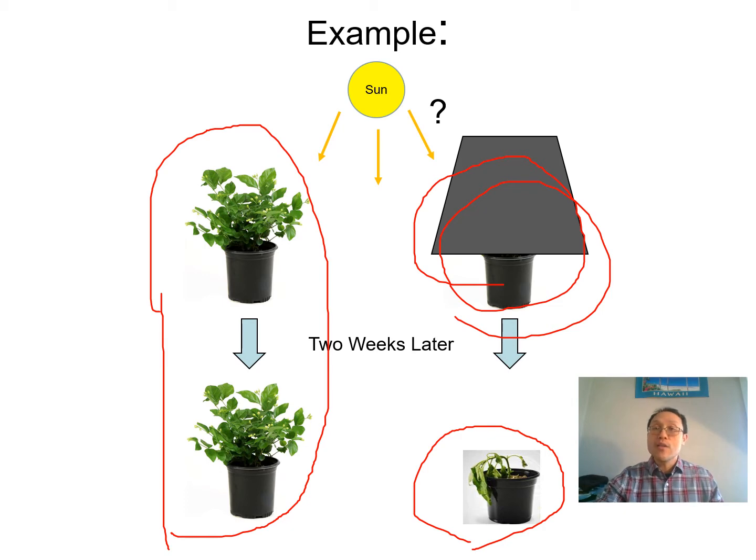Another thing you can say is that the plant being covered up is not getting any rainwater, and therefore it's because of the water that it's withering away. There can be other alternative explanations responsible for this plant being different from that plant, other than getting the sunlight.